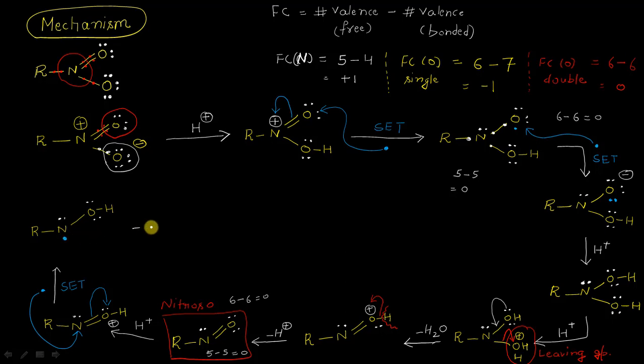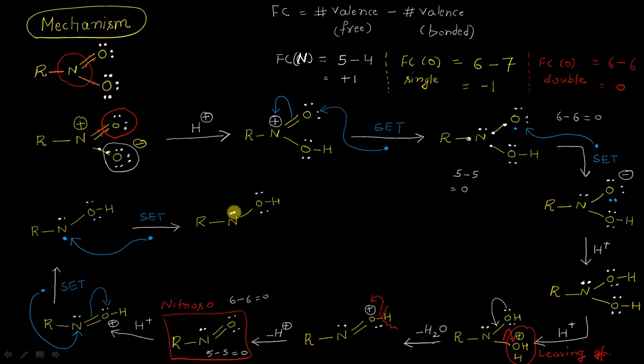After that, the second single electron transfer mechanism will take place. This electron will once again be transferred to this nitrogen atom, resulting in R, single bond nitrogen, single bond OH here. This has first lone pair, second lone pair.